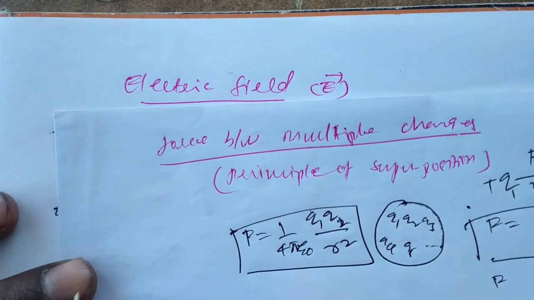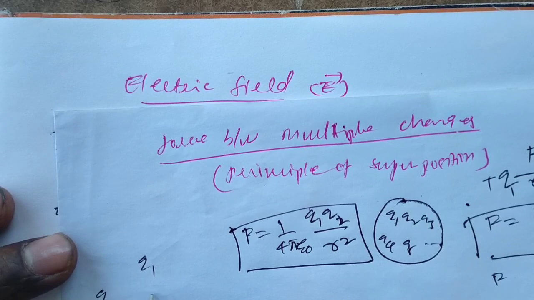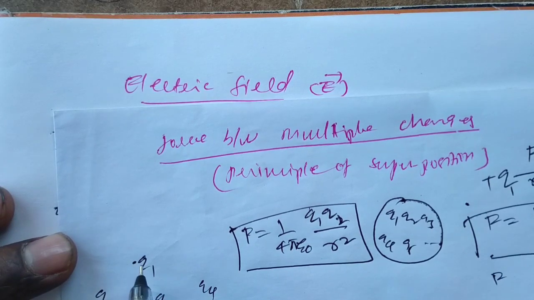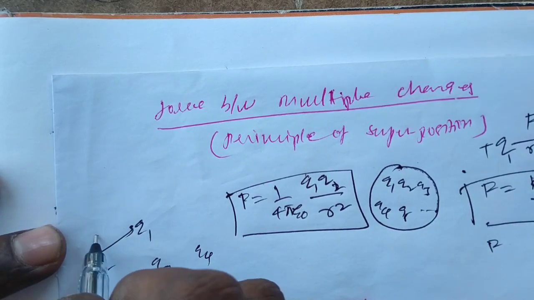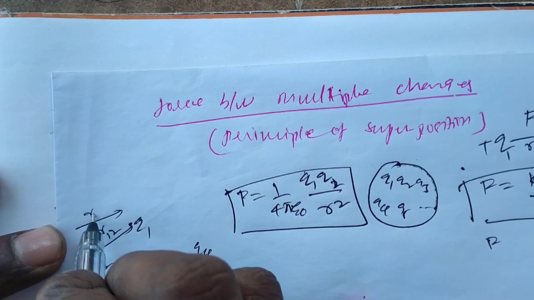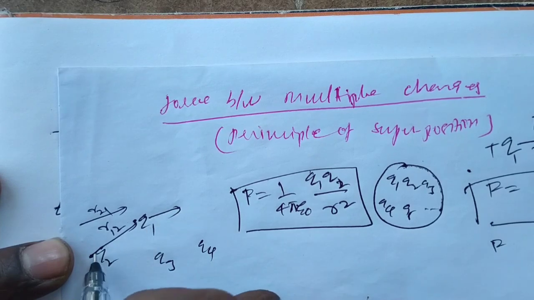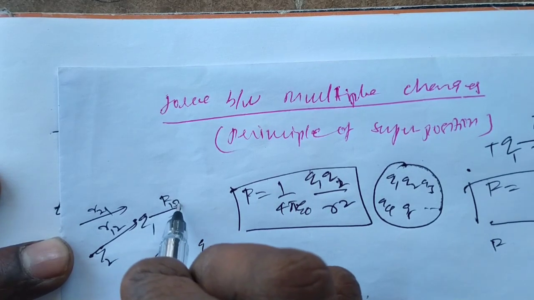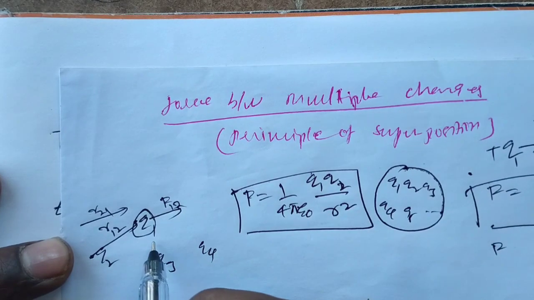What is the force that occurs at q1? The distance is r12 or r21. This repulsion force is F12, which is the force on the q1 charge.